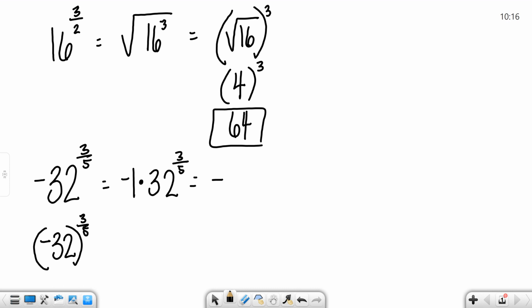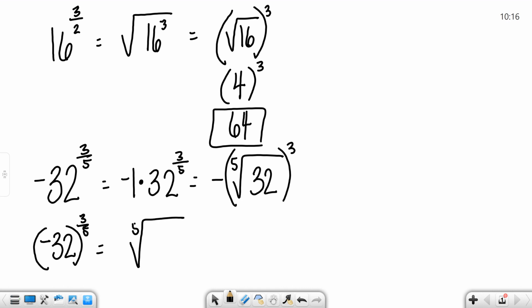So this would be negative the 5th root of 32 cubed. This one would be the 5th root of negative 32 cubed. Big difference in the way that that is initially written.